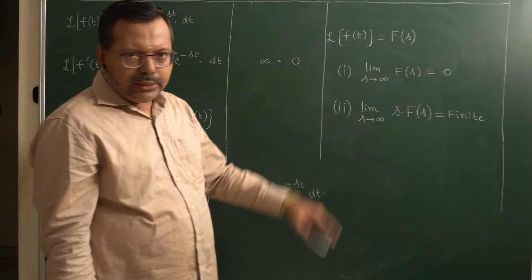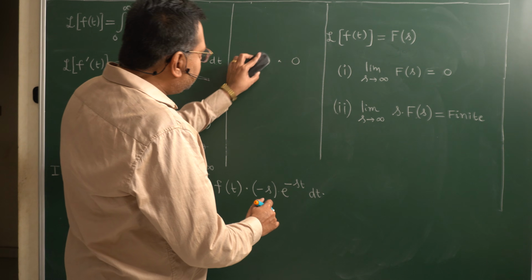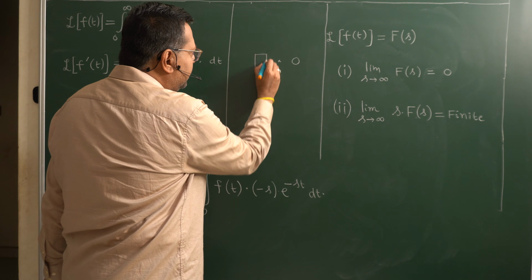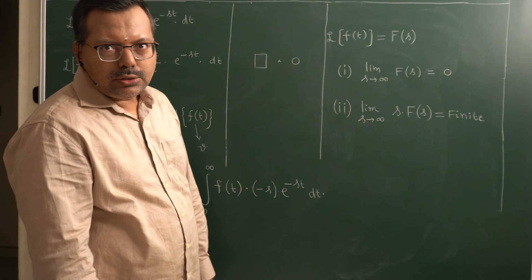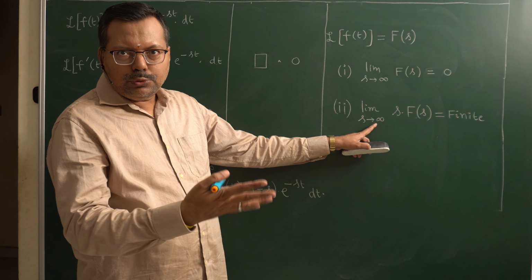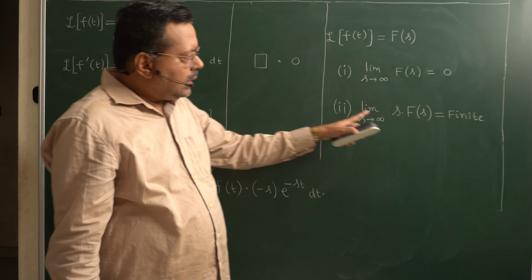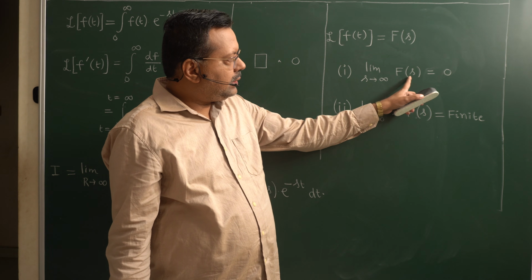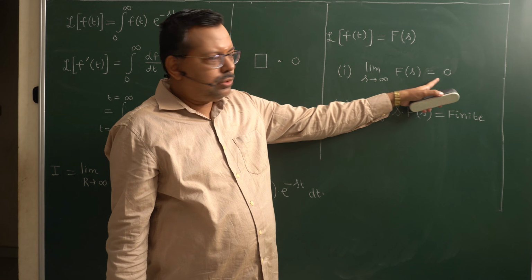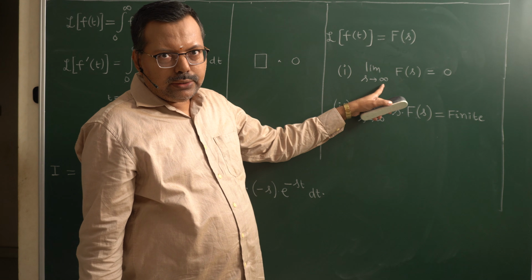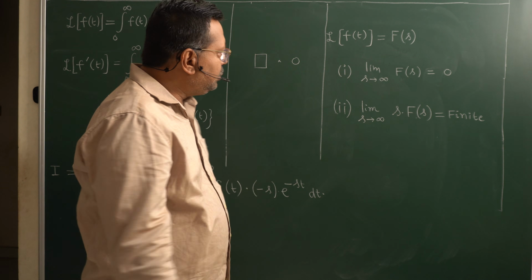In the limit of s tending to infinity means there is a number here which is very, very large, because it is approaching, right? It's only approaching. It didn't touch the infinity. So we have a very, very large number. And then you have another f of s. This f of s should approach 0 as s tends to infinity. So there is a number which is going to 0 here.